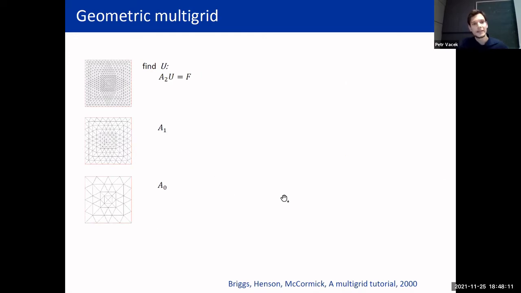So geometric multigrid methods discretize the problem on a sequence of levels. Here we consider a sequence of uniformly refined triangulations. That means that each triangle is divided into 4 congruent triangles. Our goal is to solve the discrete problem on the finest level.